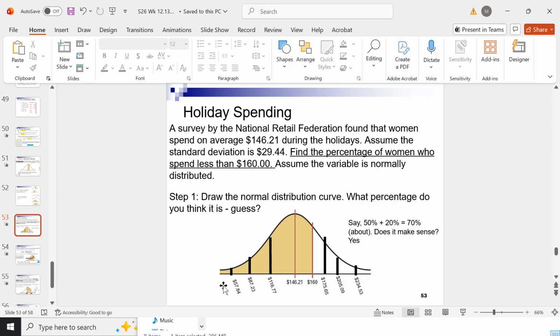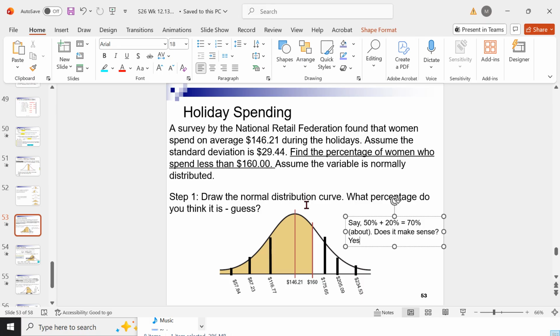So let's have a look. Here is our mean, $146.21, as given by the question. Standard deviation is 29.44. So if you add 29.44, add 29.44, add 29.44, subtract 29.44, subtract, that's where you get those numbers from.